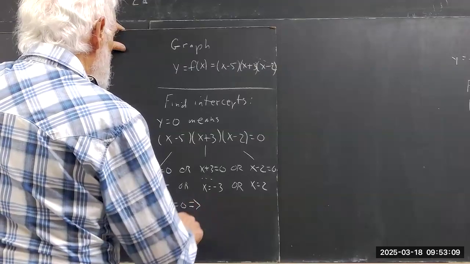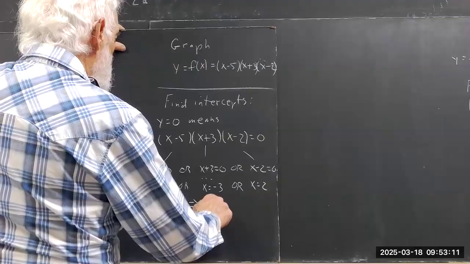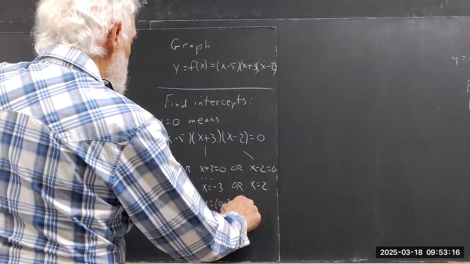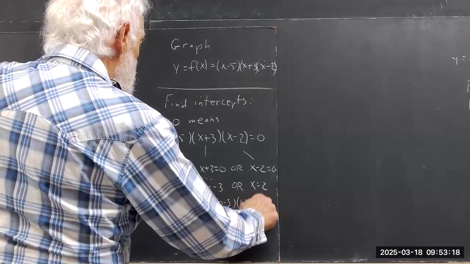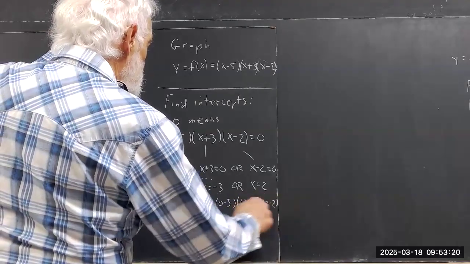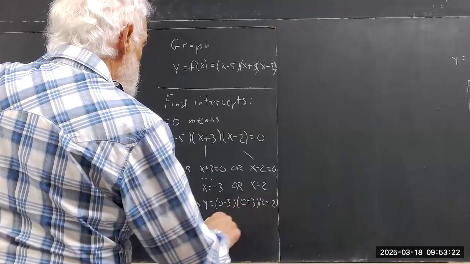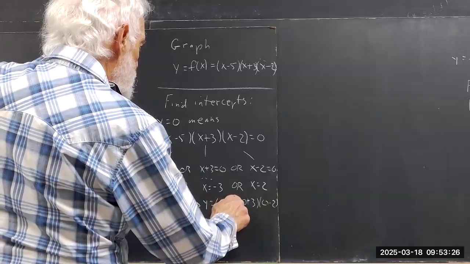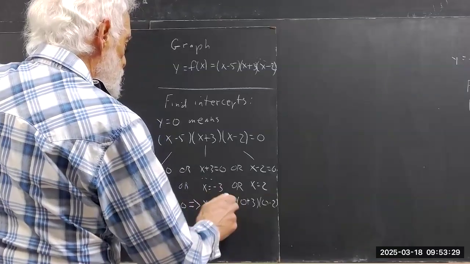Now, x equals 0 implies y equals (0 - 5)(0 + 3)(0 - 2) equals... that's a 5, and the 5 looks like a 3, don't do that.